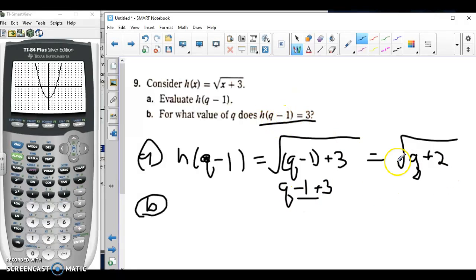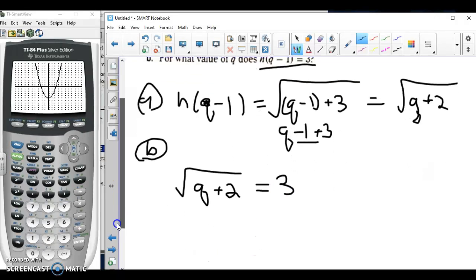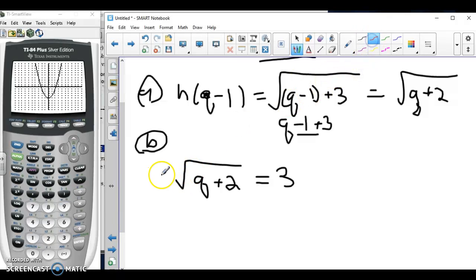So this question here says, when is this equal to 3? So when is the square root of q plus 2 equal to 3? And we just have to solve it by kind of undoing what we got going on here. So we have to undo our square root. So how do you do that? You square it, and you square this side. So whatever you do to one side, you have to do the other.